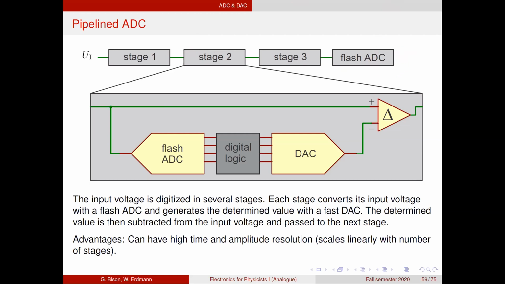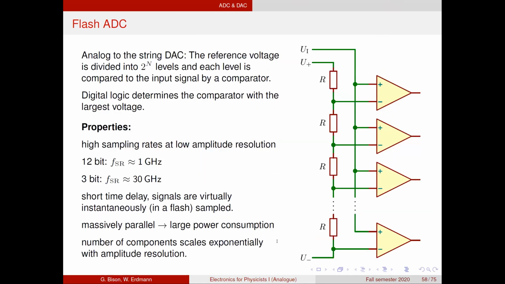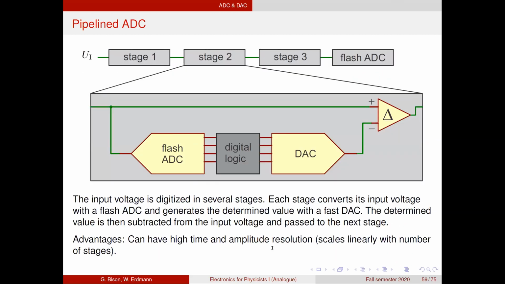What you lose, of course, is a bit of the instantaneous conversion that you have with a flash ADC. So if you need the digital answer directly, the flash ADC is the best thing you can do. In this setup, typically this is timed in a way that the signal moves through the stages, and while this stage operates on a signal, this one here already takes the new signals into account.